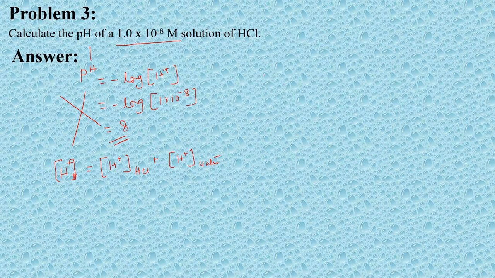As HCl is a strong acid, consider that it 100% dissociates. So the H plus concentration from HCl will be 1 into 10 to the power minus 8 molar.